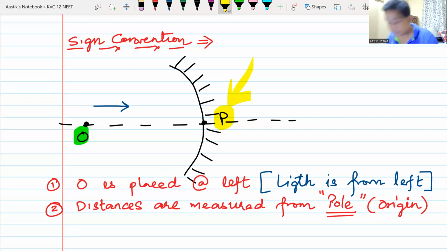Pole is my origin. What is point number 3? Anyone? Point number 3.